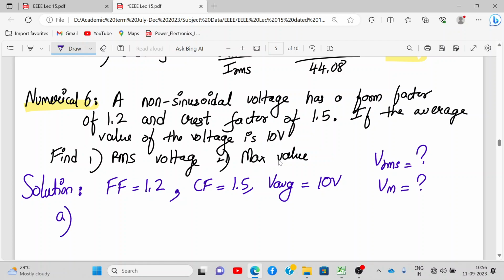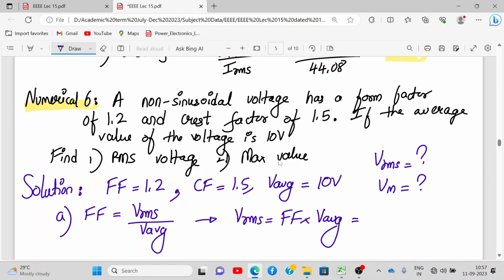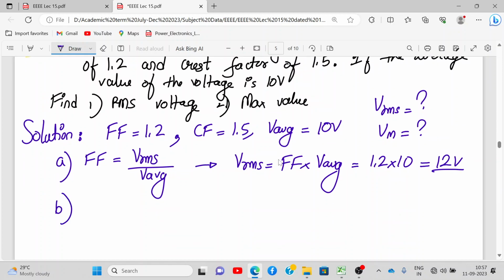So how will you find it? First, what is the formula for form factor? VRMS upon V average. So from here can we find VRMS? Form factor into V average, that is 1.2 into 10. How much is it? 12 volts. See, simple. 2-minute numerical.